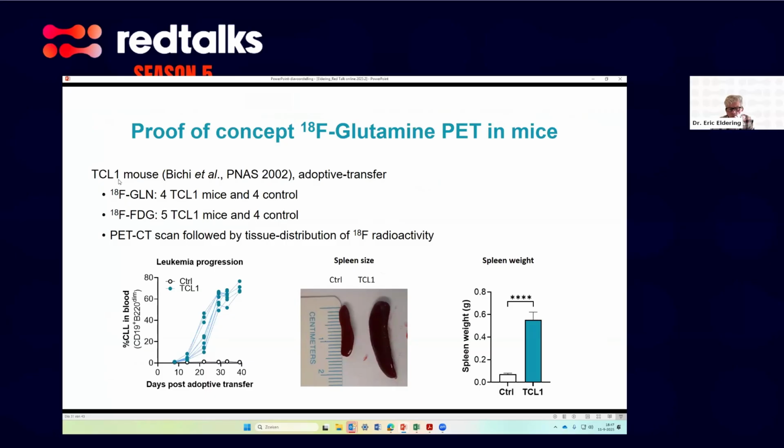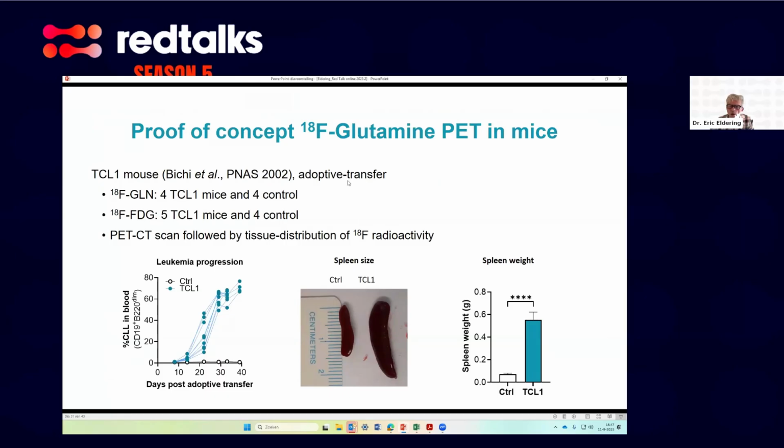This is a very famous mouse model called the TCL1 mouse, published in 2002 and adopted all over the world as a very good model for CLL in mice. What we do is adoptive transfer.